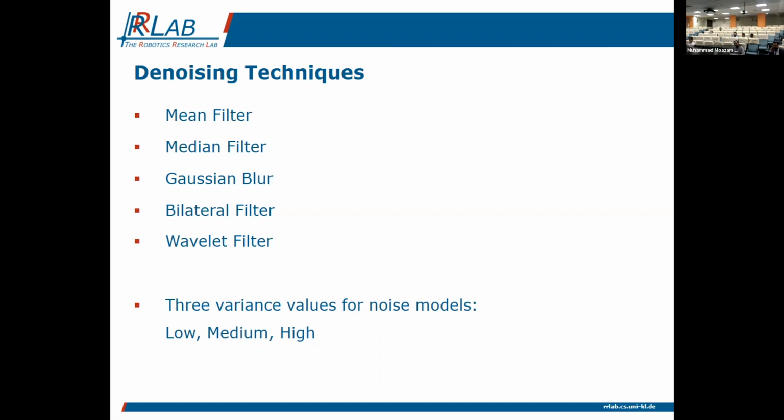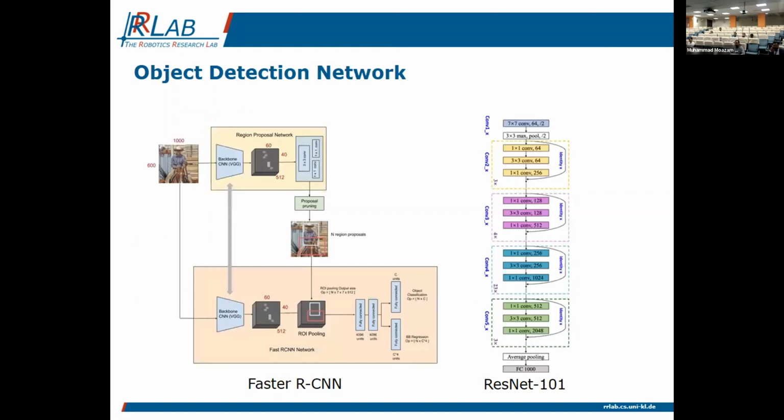To evaluate it, as I already mentioned, we used this very common and fundamental use case of object detection, particularly a Faster R-CNN algorithm, which is maybe not state of the art anymore, but very broadly used in the field, basically the practitioner's choice of object detection algorithm.